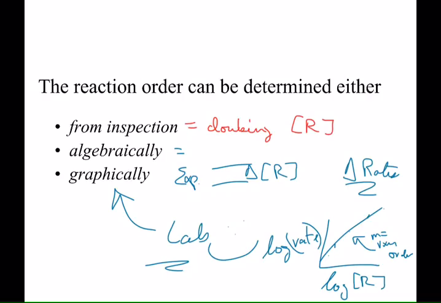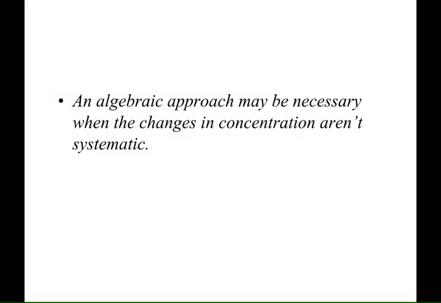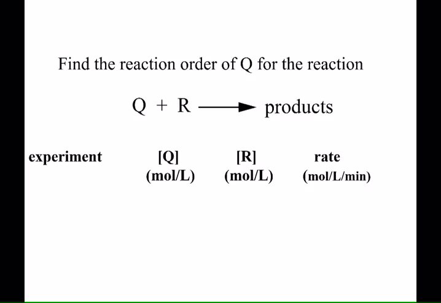That's graphically, so that's what you guys did in lab. So let's take a look at the algebraic approach. Like I said, in the algebraic approach, you run at least a pair of trials, you change the molar concentration of a reactant, and you look for the changes in the rate. But you're not necessarily doubling the molar concentration. So this is what I put on the board, where we have 2 reactants, Q and R, going to form products.